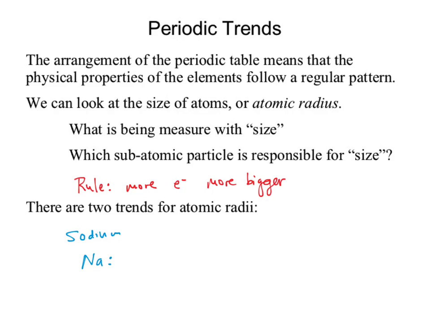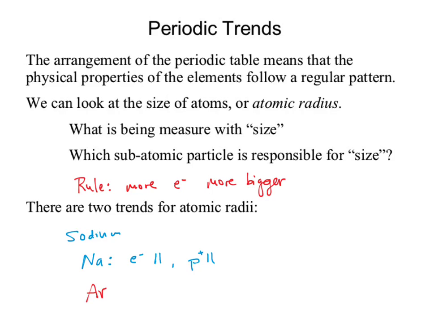We already answered one question about it. A neutral sodium has 11 electrons. What else does it have? 11 protons. Could I look at the number of neutrons? Yes, that contributes to the mass. Do I care about mass? No.